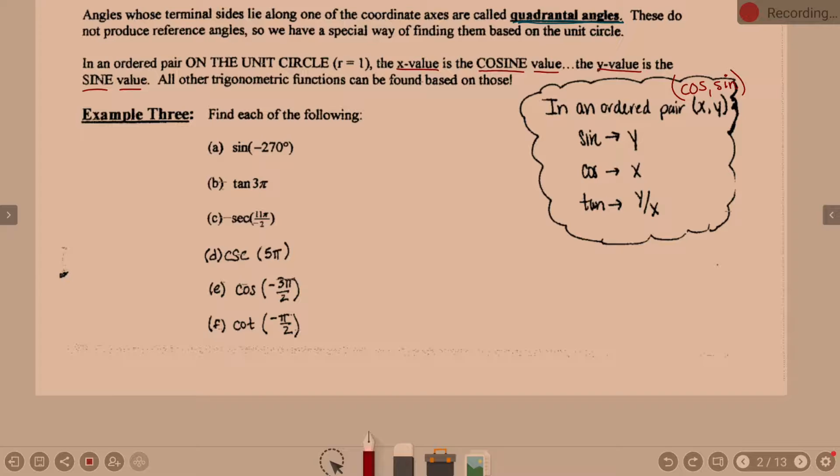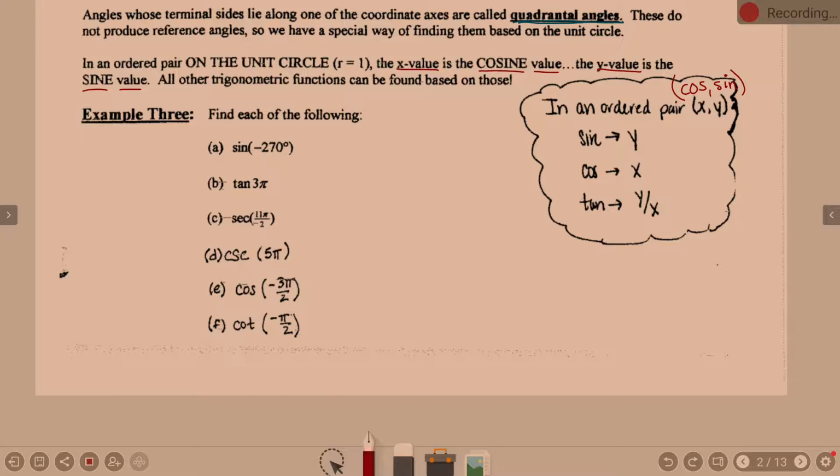Square root of 3 over 2. What's the x value in that ordered pair? Square root of 3 over 2. What's the sine of pi over 6 according to our chart? 1/2. What's the y value in that ordered pair? 1/2. So as you look around the unit circle, it's helpful to understand that those are cosine and sine values.